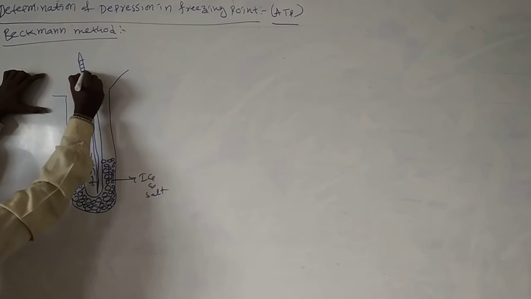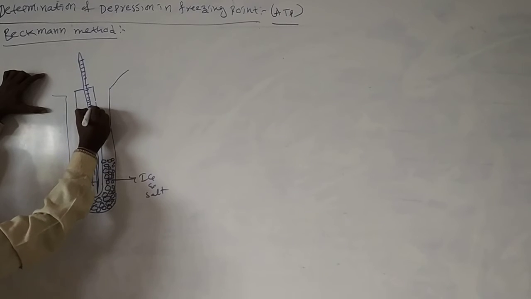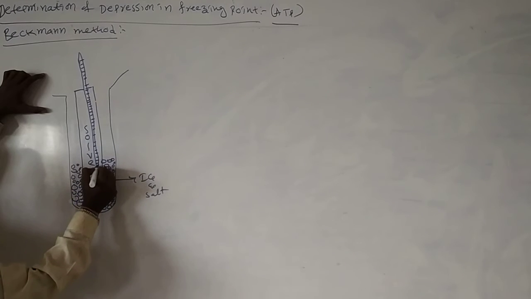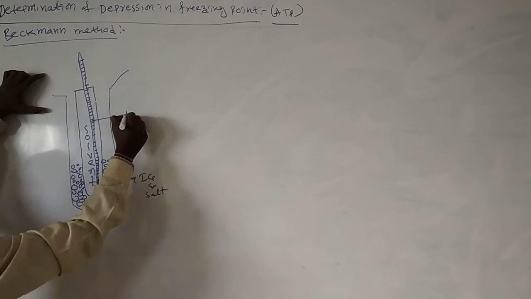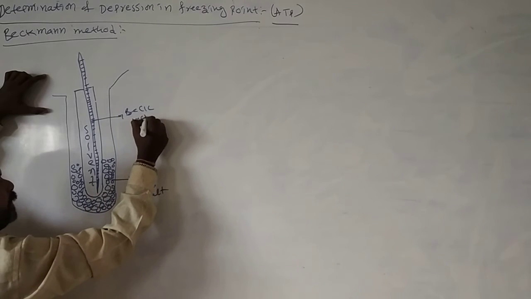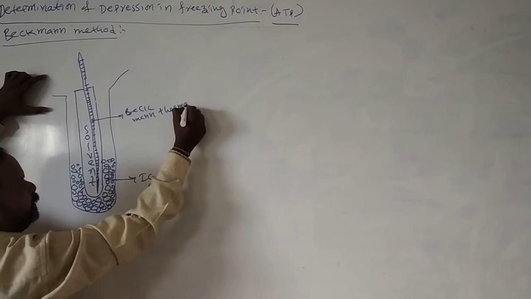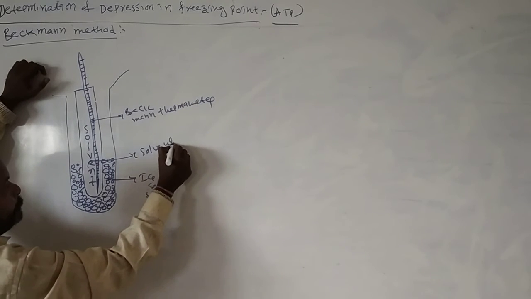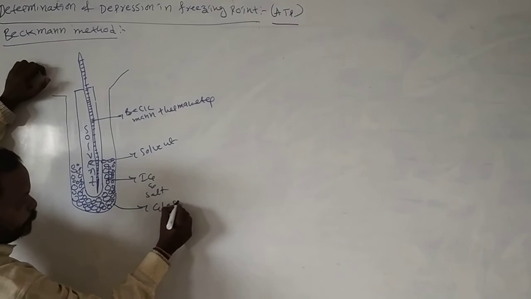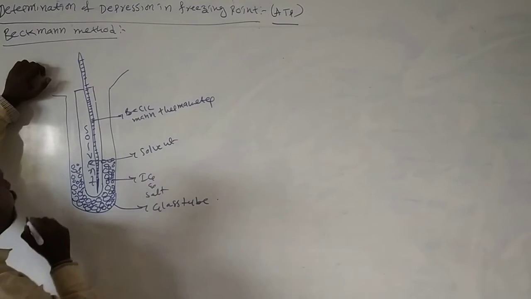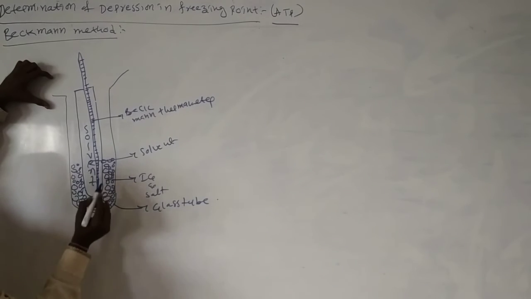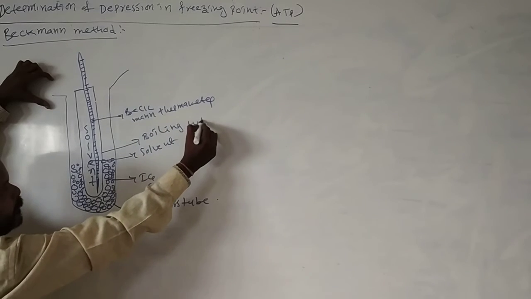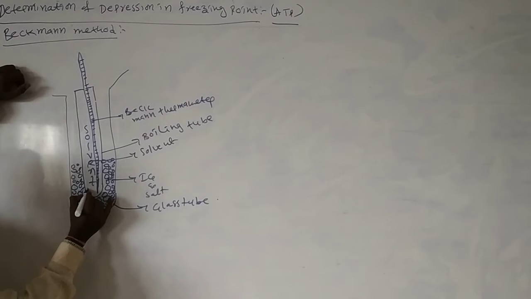This is the Beckman thermometer. Here is the solvent. This is the glass tube, and next, this is the boiling tube. The solvent is water, for example.